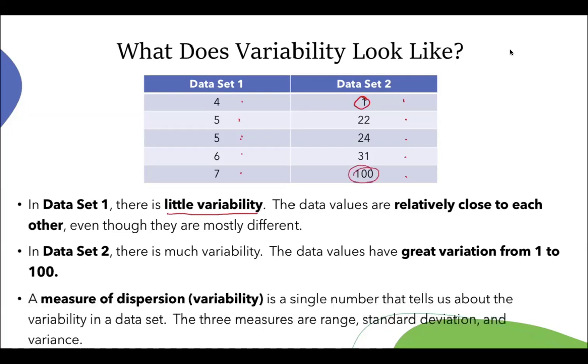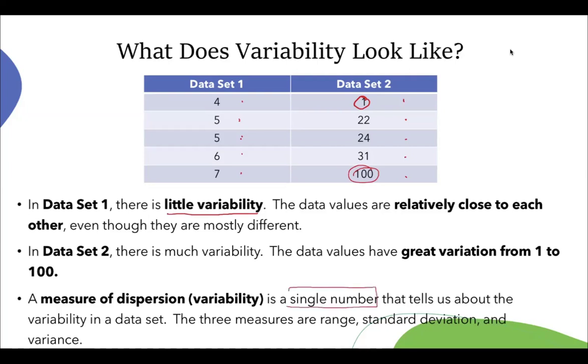A measure of dispersion, or a measure of variability, is a single number that tells us about the variability in a data set. There are 3 measures that we're going to be doing here: range, standard deviation, and variance. We're going to be calculating each of them.